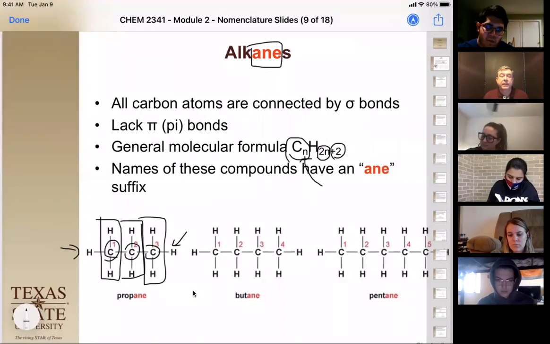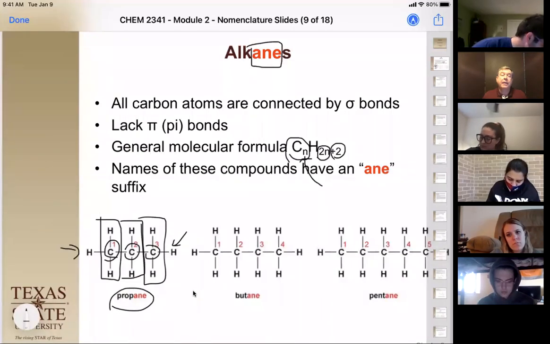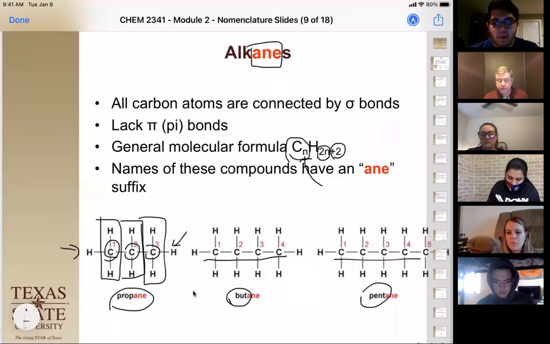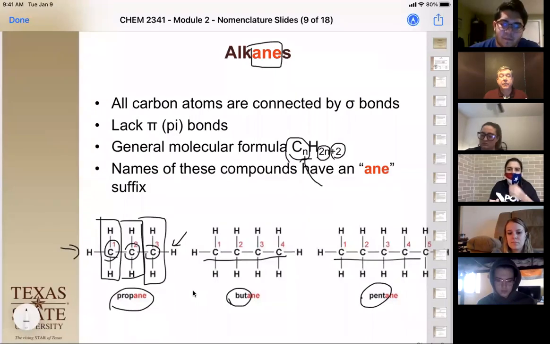After a while, they become very systematic. So 3 is prop, and we have no double bonds, so we have ANE at the end: propane. 4 carbons would be but, 5 carbons would be pent, okay? So it's simple enough to name: the number of carbons plus the fact that we have only sigma bonds is how we name our compounds, okay?